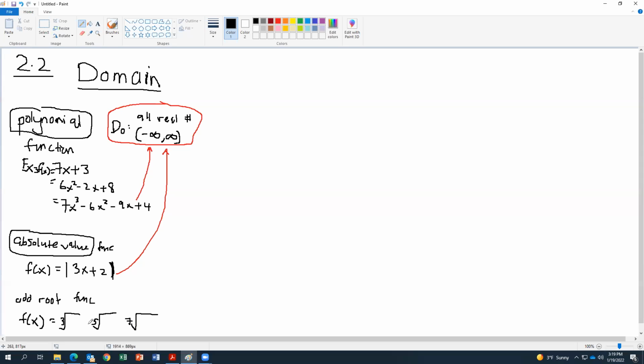Again, it must be odd. The index must be odd. So if you have this, then your domain is going to be all real numbers. Okay. Again, class, this is super important. Please write it down somewhere else because otherwise you will be having big problems here.